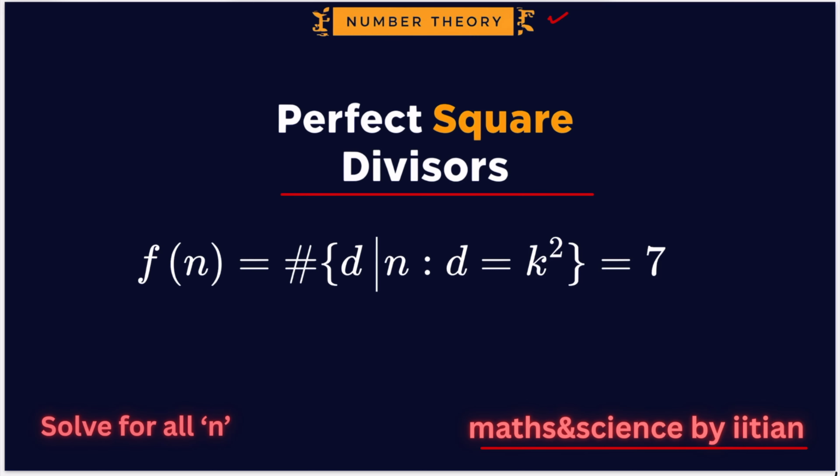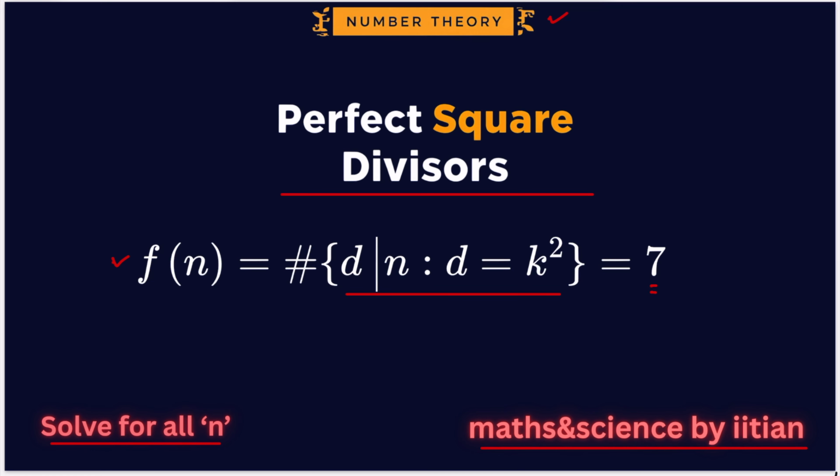If there is a number n, and if the number of divisors such that the divisor is a perfect square is equal to 7, then what will be the value of n?